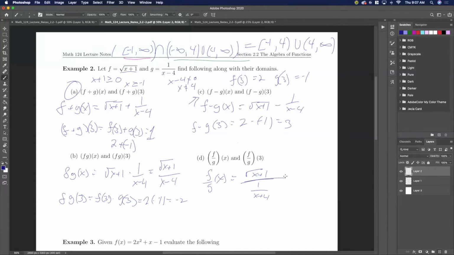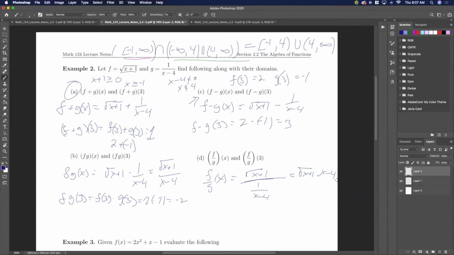If I flip and multiply, I'm just going to get square root of x plus 1 times 1 over x minus 4, or oops, that's not plus, is it? Sorry, guys. That's a minus. X minus 4, and then this will be minus 4.